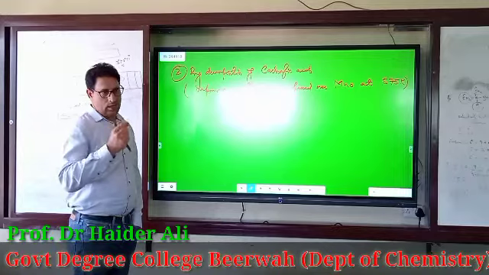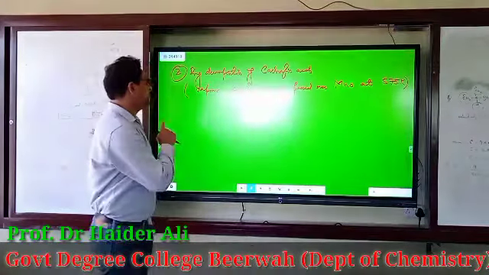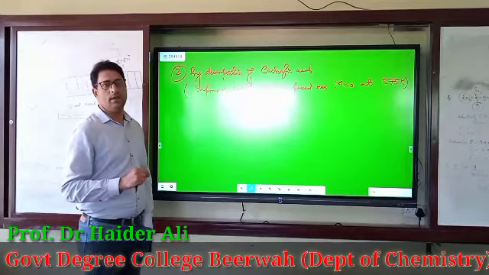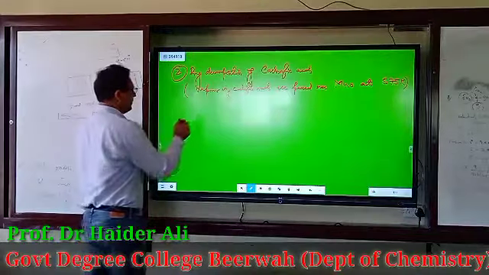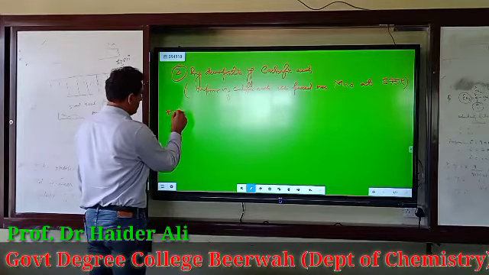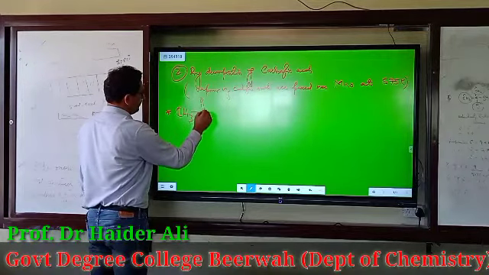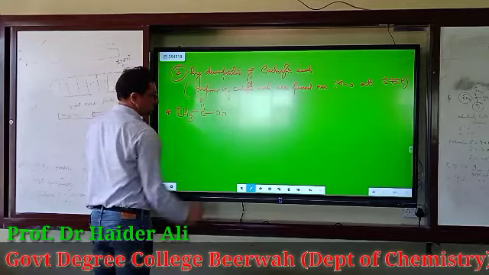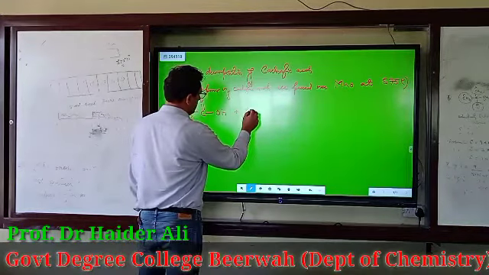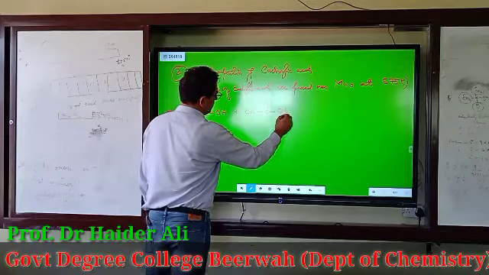There is removal of water as well as carbon dioxide from this carboxylic acid molecule, and the rest part is either an aldehyde or a ketone. Let me take an example. CH3 C double bond O OH, acetic acid. Let me take another molecule of it, C double bond O CH3.